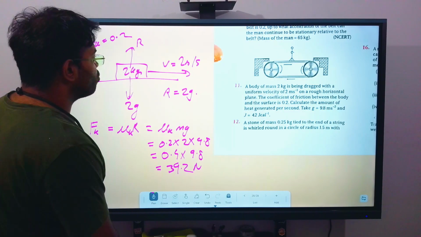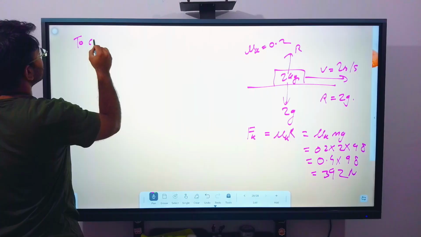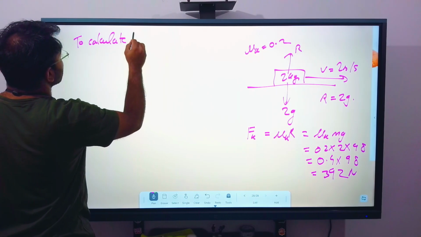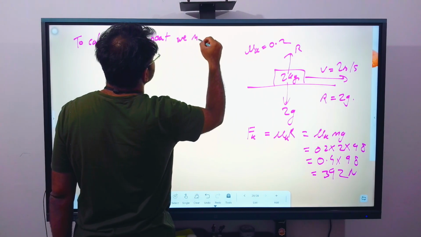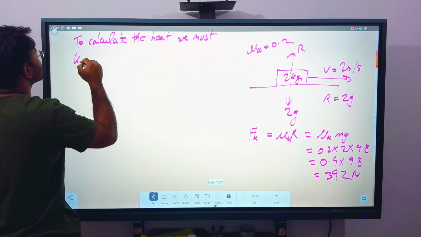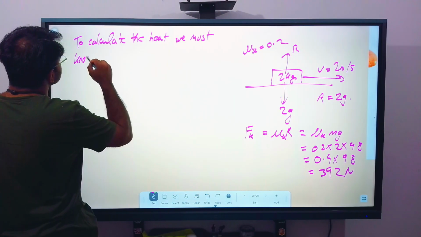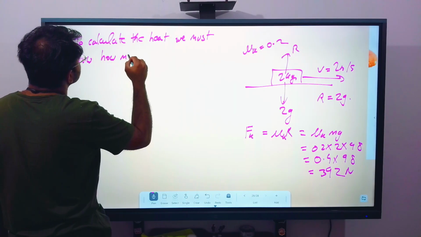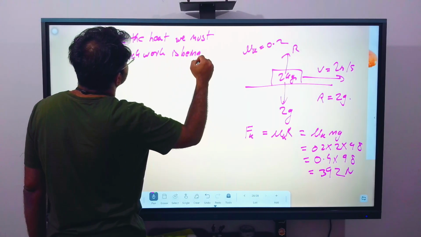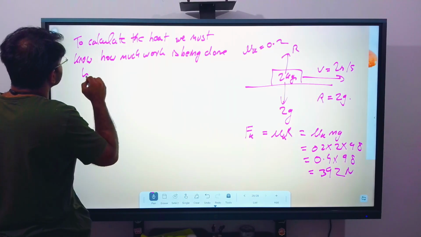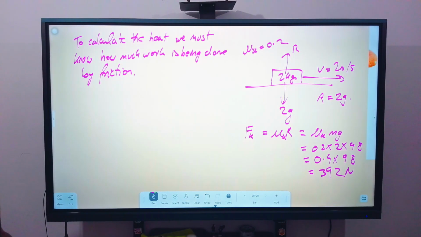To calculate the heat, we must calculate how much work is done by friction.